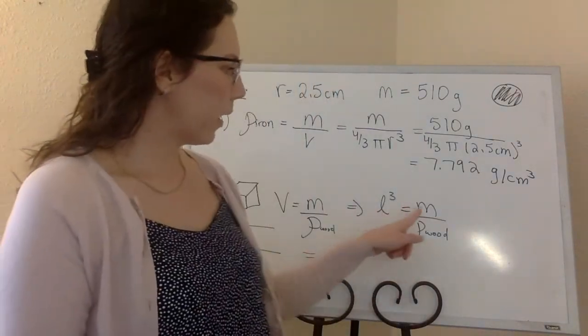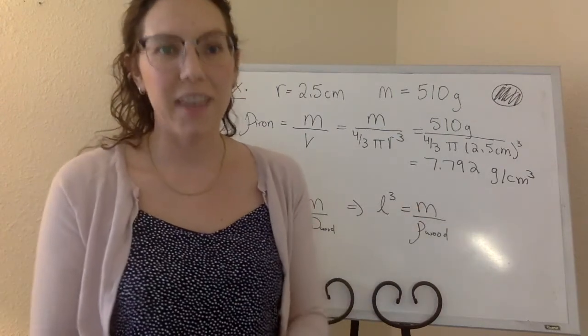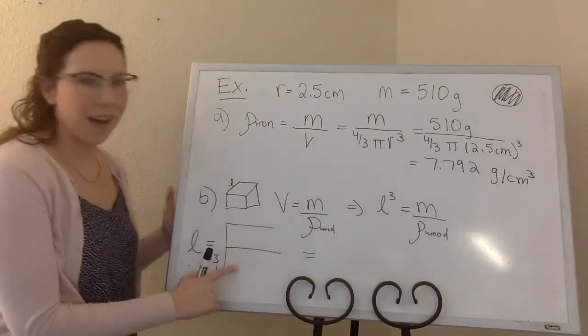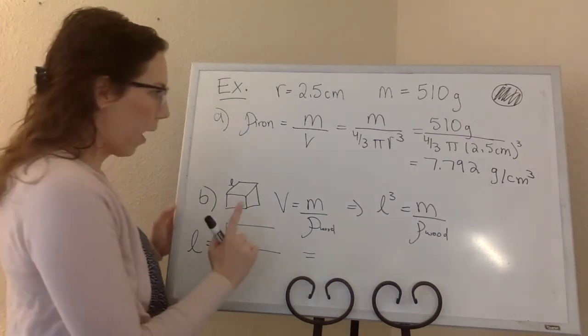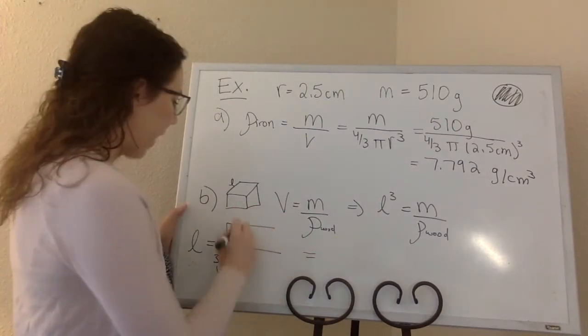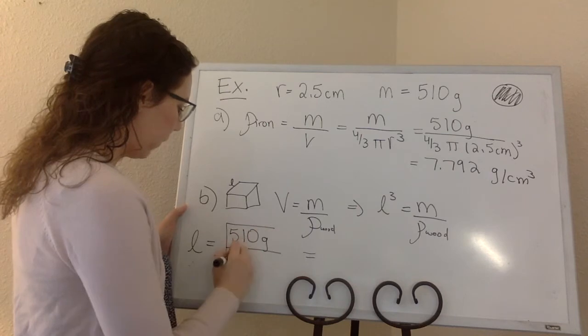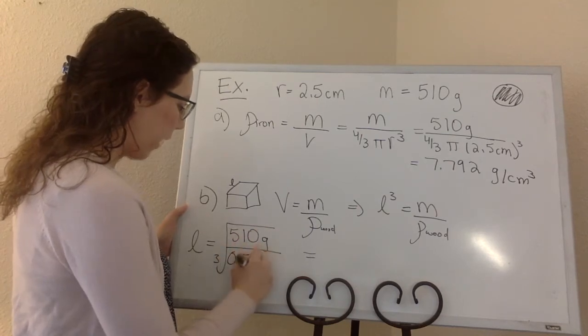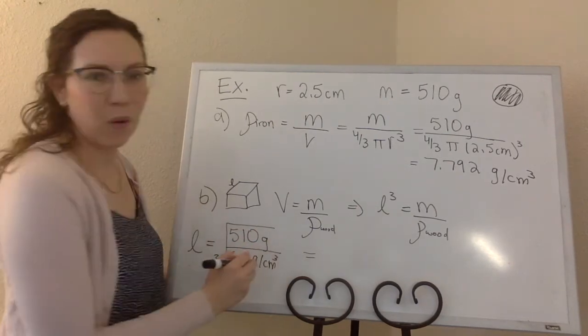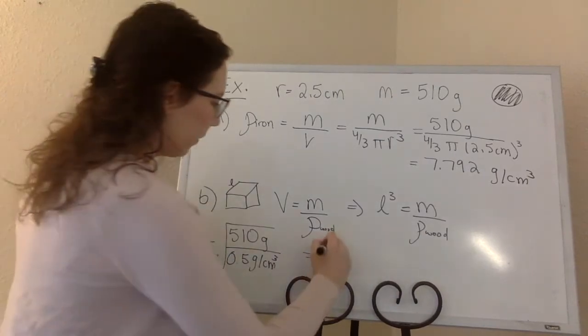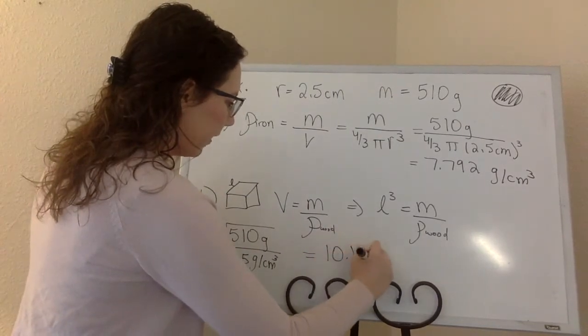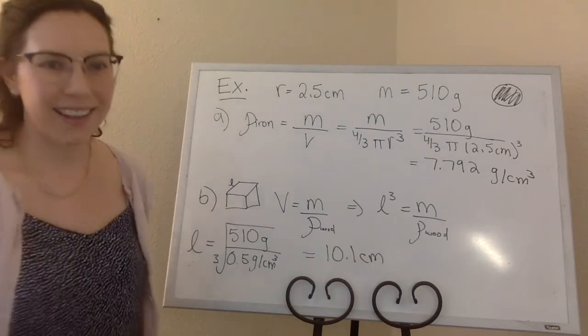All right, so length cubed is mass over the density of wood, and then we need to take the cube root of that in order to solve for the length. So the mass is 510 grams over 0.5 grams per centimeter cubed for the wood, which gives me 10.1 centimeters for the length of that side.